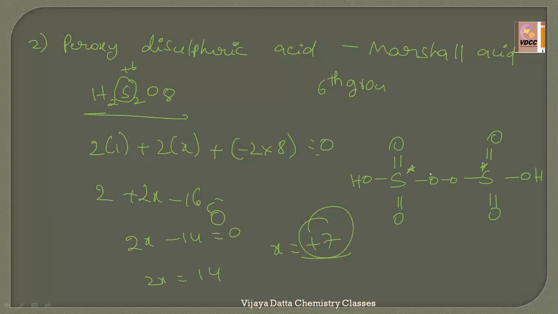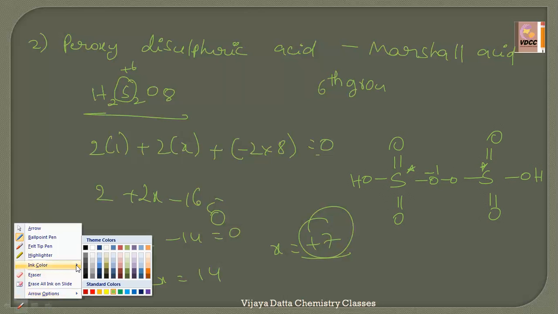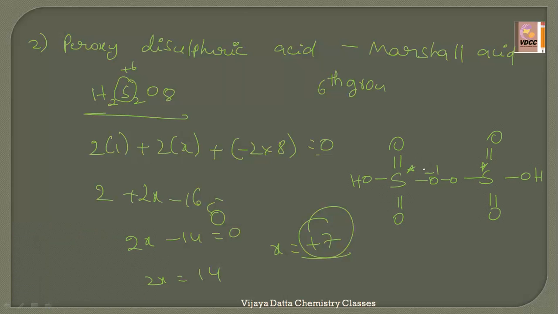The peroxide oxygen is -1 oxidation state, and here it is also -1. These oxygens are -2 because they are double bonded. And the other oxygen is -1 and it is also -1.